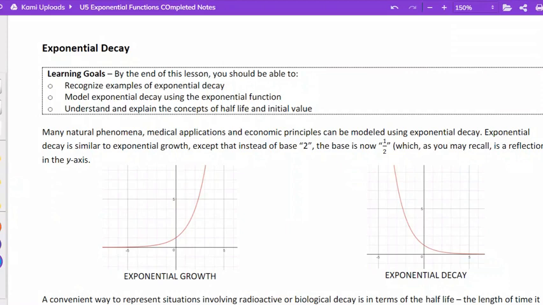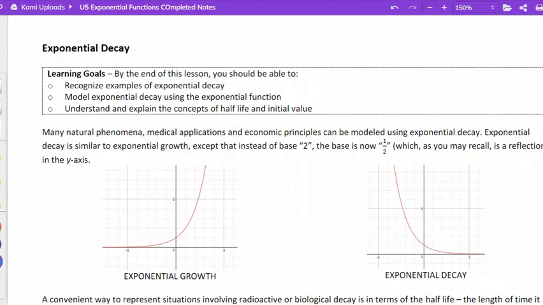Okay, exponential decay. Exponential growth we see when we're talking about population growth or cell growth, and exponential growth will also be in the growth of money. Exponential decay is a lot smaller, I'd say.